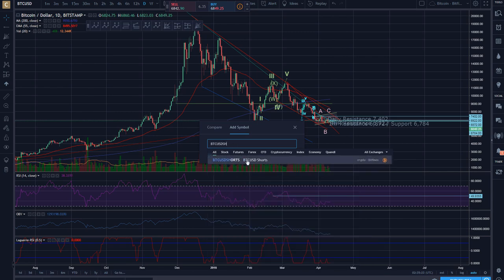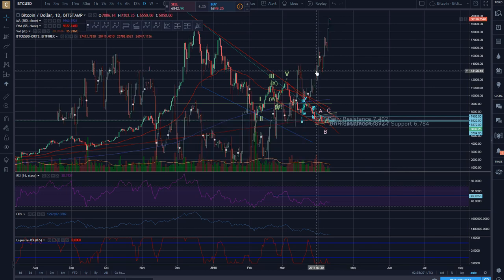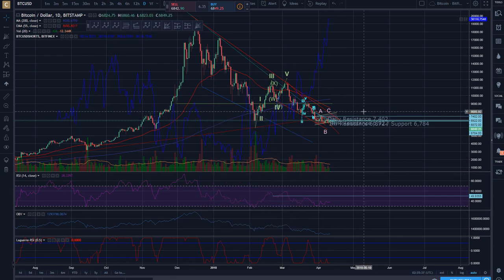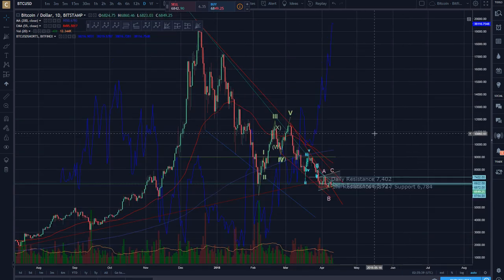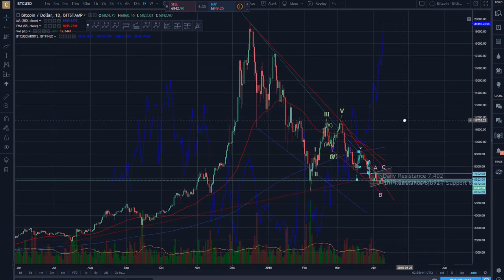Okay. And in order to make this easy, I'm going to call this just price line. No, not price line. Hold on a sec. Style bars, line. Okay. Now, let's zoom in. Now, let's zoom out.